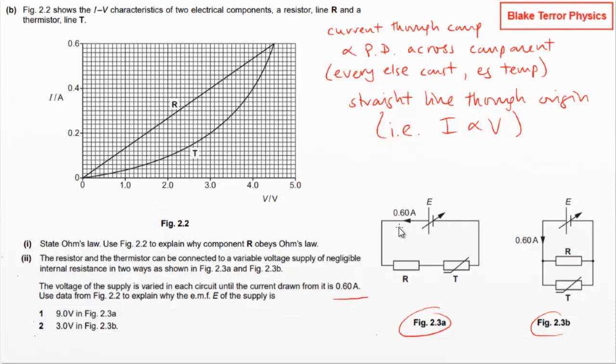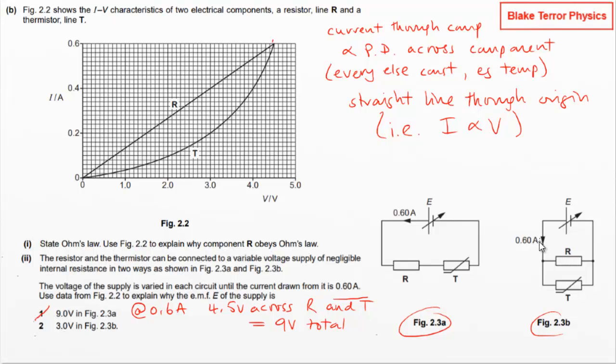Well, we got 0.6 amps going through both of them. So at 0.6 amps, we get 4.5 volts across R and T, which equals 9 volts total, which is going to be our EMF.